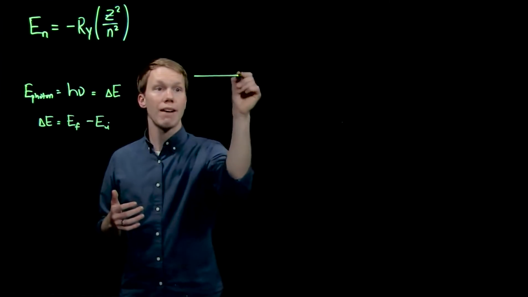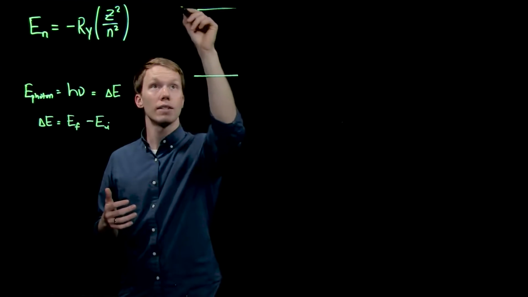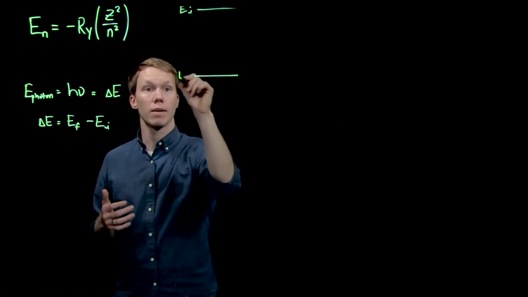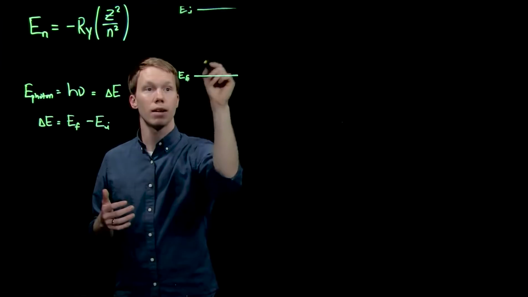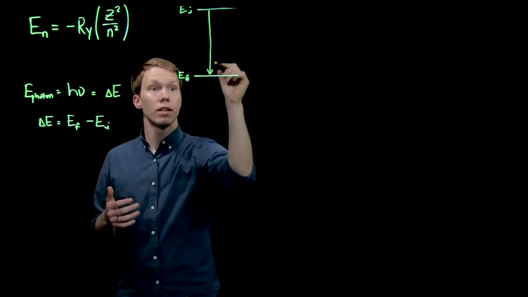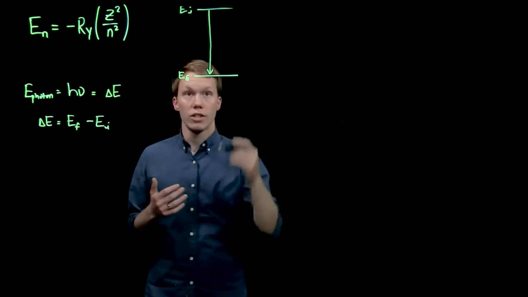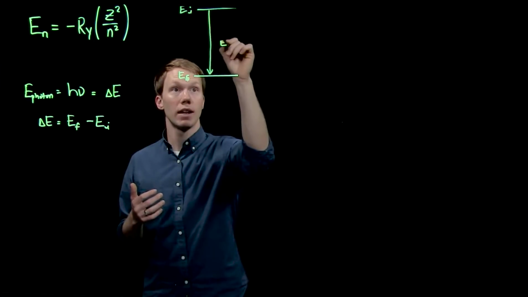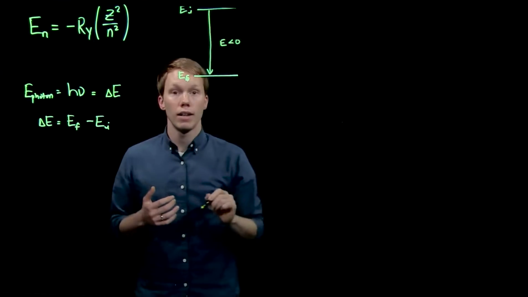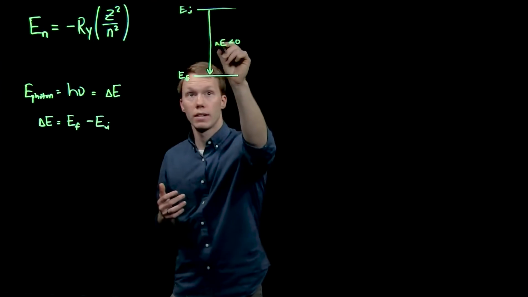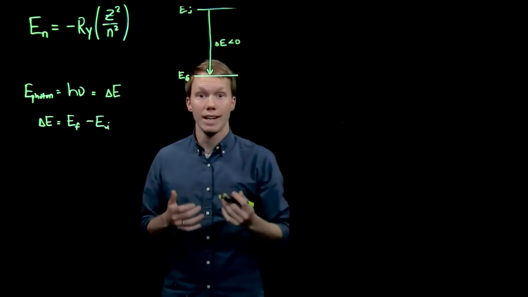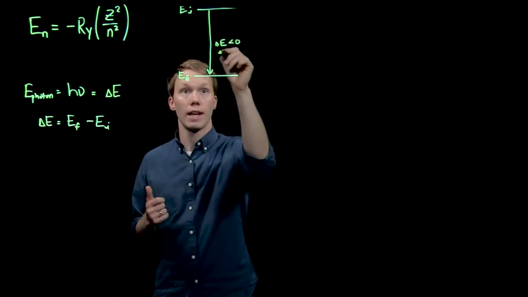So imagine we have this transition where my electron is starting at some energy and ending at some lower energy. That electron is losing energy, which results in energy emitted, and delta E will be less than zero. We'll calculate a negative number, okay, emitted.